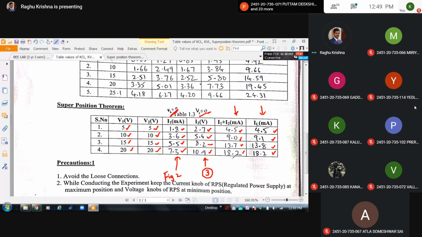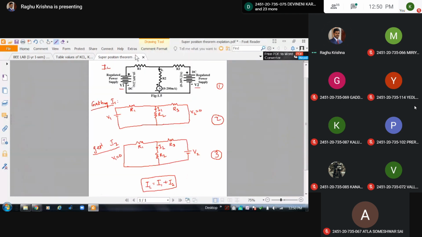Next, this will be using figure 1, where V1 and V2 are there. For example, if V1 equals 5 volts, I am going to get this I1. With V2 equal to 5 volts, I am going to get I2.